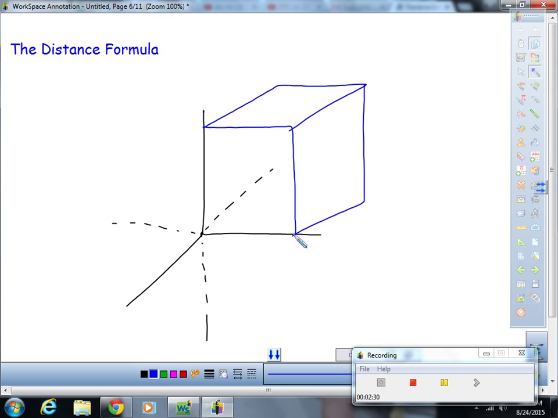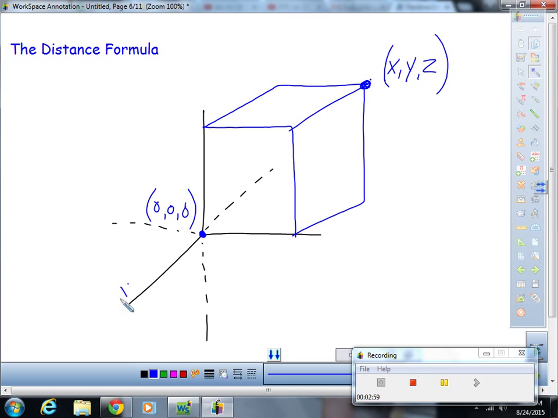Okay, and we wanted to find the distance from this point to the origin. Well, what we're going to do on this is we're going to rely on the Pythagorean theorem.